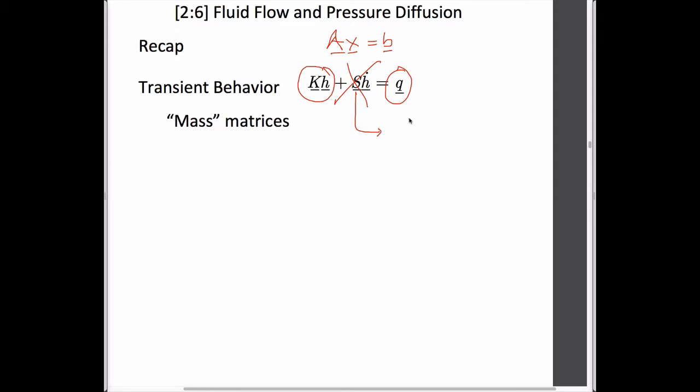It's something like specific storage times this integral B transpose B dV times the rate of change with time of nodal values of head. And so the first thing we need to figure out is exactly how to calculate this. And that's exactly what we've done so far. We've done a couple of examples for these one-dimensional elements.